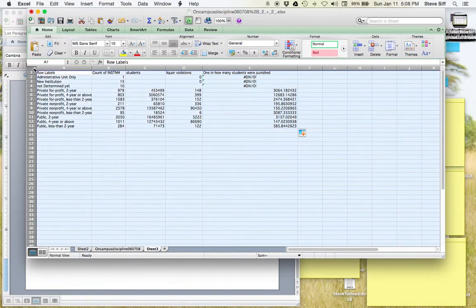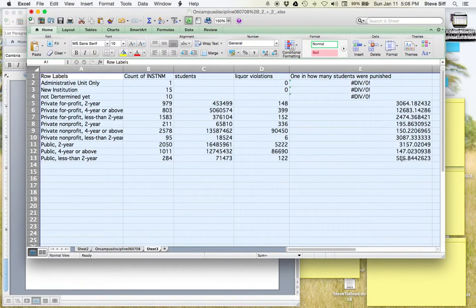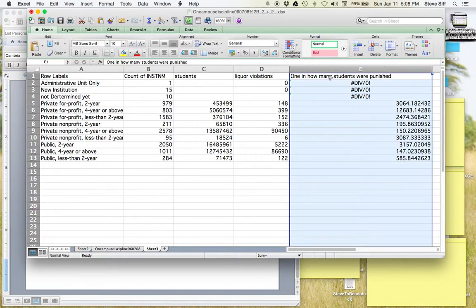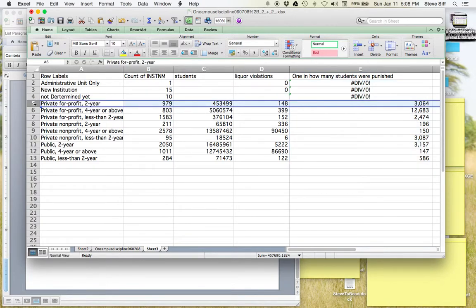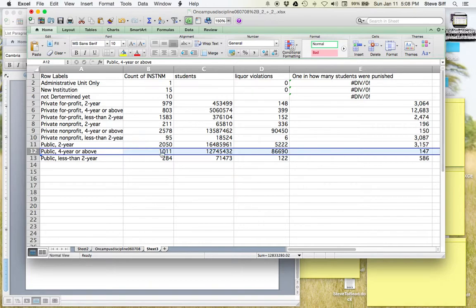And let me zoom this in so you can see a bit better. So here, of course, Miami, we are at a public four-year or above university.